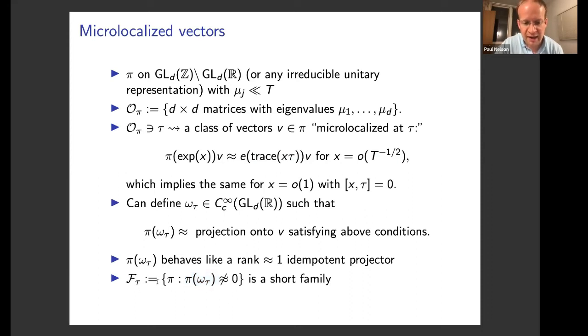So that collection of pi that I've called F tau here is a short family in the sense of a couple slides ago. So it morally consists of some collection of representations where all the parameters, at least in generic cases, are in little windows of size roughly 1. So it'll be a family of size something like t to the d choose 2, the way I've written it here.